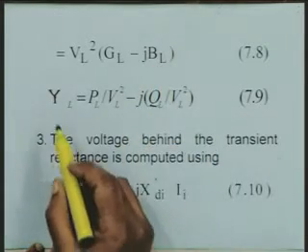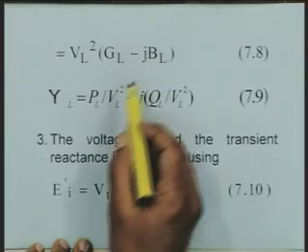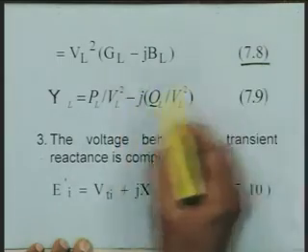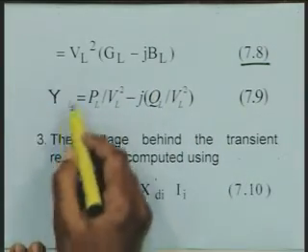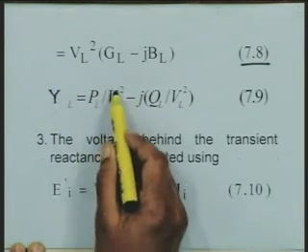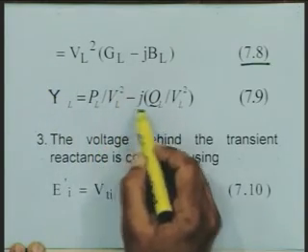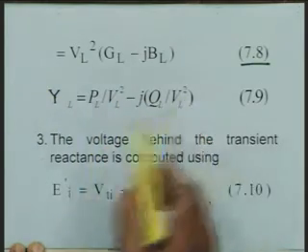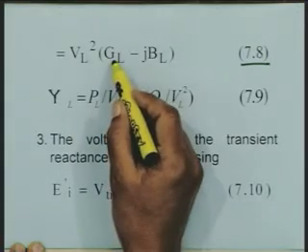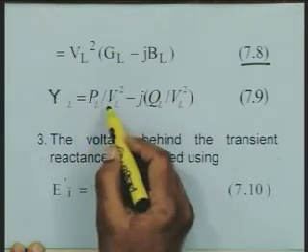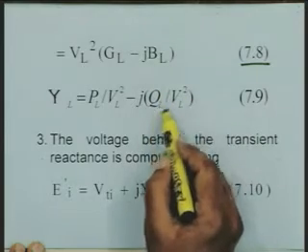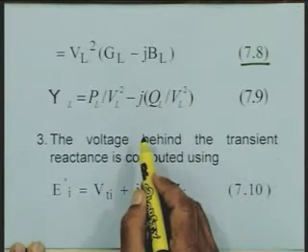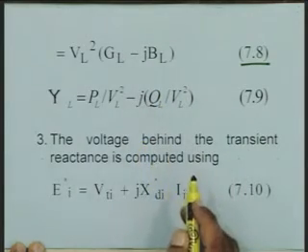right. And therefore, using this expression, equation 7.8, we can say that the load admittance is equal to PL minus J times QL by VL square. That is, the real part is PL divided by VL square and the reactive part is QL divided by VL square, with the proper sign to be considered.